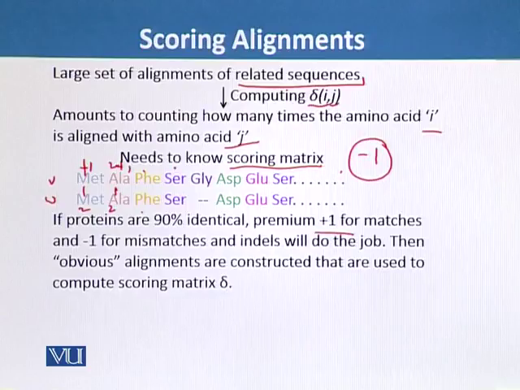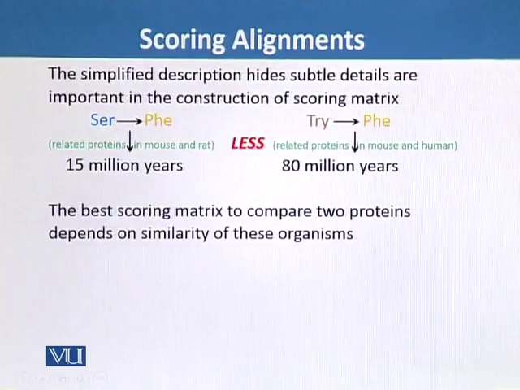After these obvious alignments are constructed, they can be used to compute a scoring matrix, which can then be used iteratively to construct less obvious alignments. This simplified description hides subtle details that are important in the construction of the scoring matrix.